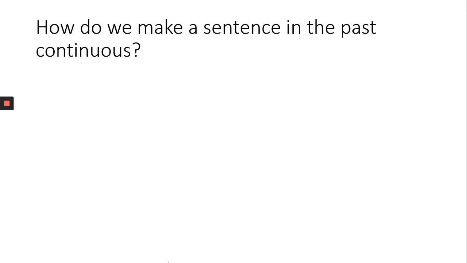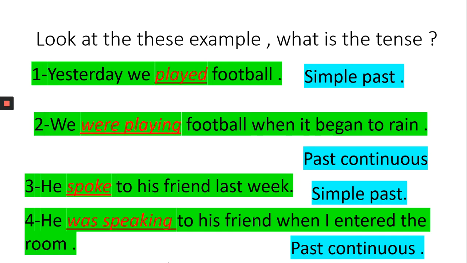Now, let's continue with another important idea and another important question. How do we make a sentence in the past continuous? So we learned that we were playing football when it began to rain. This is past continuous. The previous one, he was speaking to his friend when I entered the room.